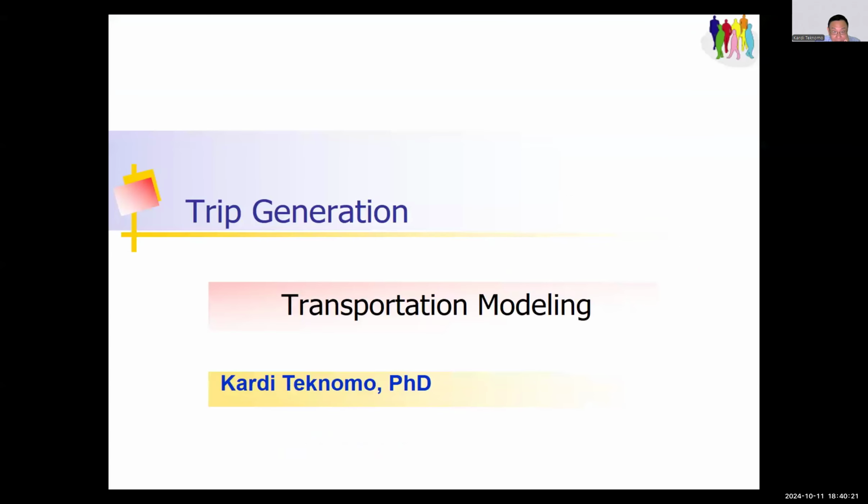Can you see my slide? Yeah. So we are in the first step of the four-step model. The four-step model is trip generation, trip distribution, mode split, and traffic assignment.